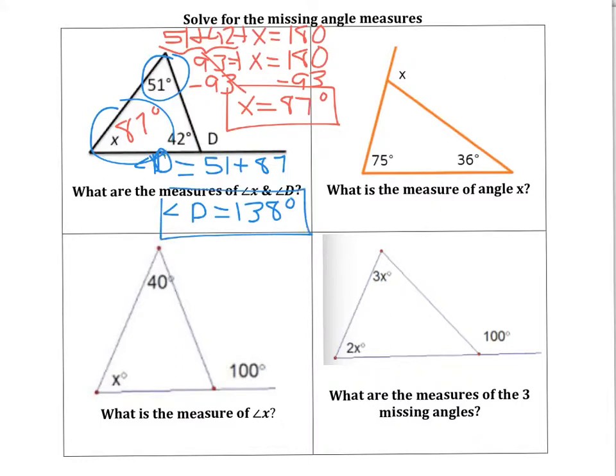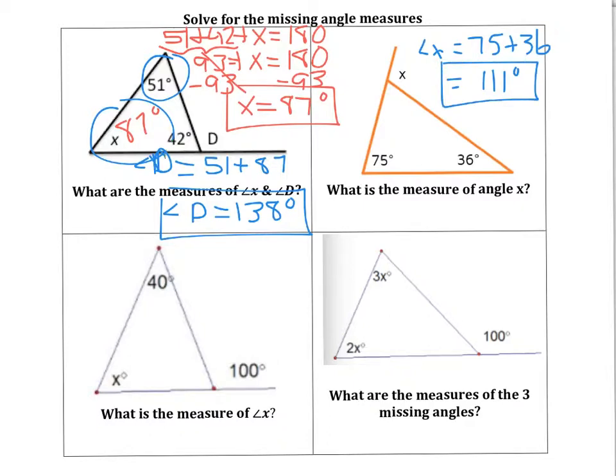Next, what is the measure of angle X? Well, angle X I can see is an exterior angle, and I know the two non-adjacent angles, so all I would have to do for this one is total up 75 and 36, and I would get 111 degrees.